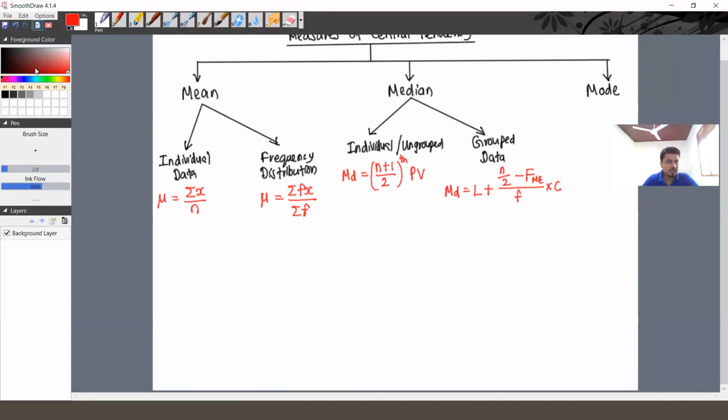Mode you know, right? Mode means what? Mode කියලා කියන්නේ මොකක්ද? Mode means the observation with the highest frequency.